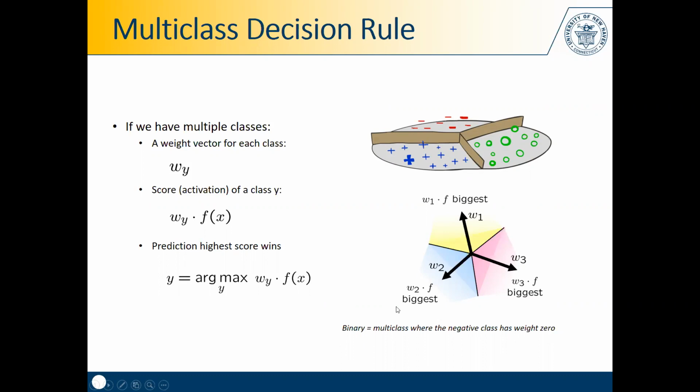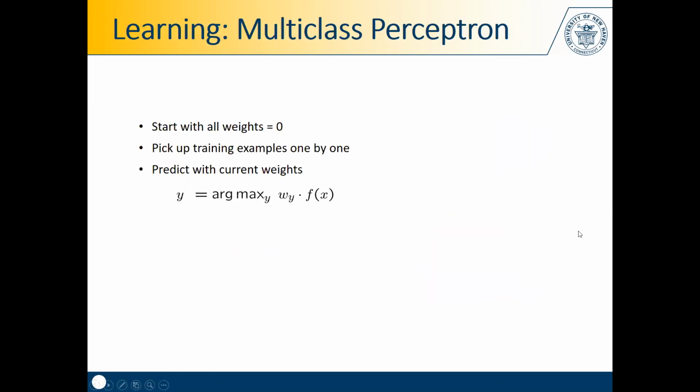This is mathematically helpful, right? It helps us see how we can apply everything that we learned about multi-class decision rules and multi-class classification to binary classification as a specific case. Any questions so far?